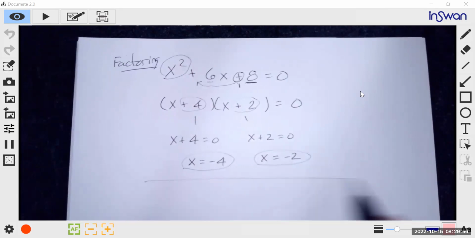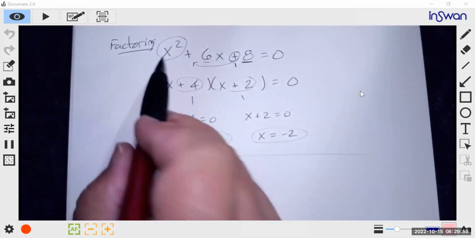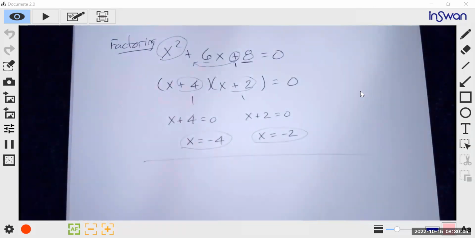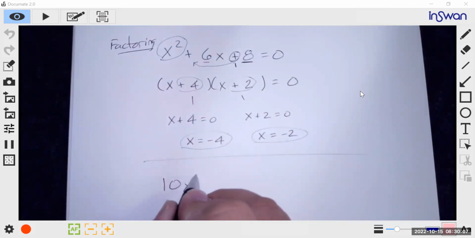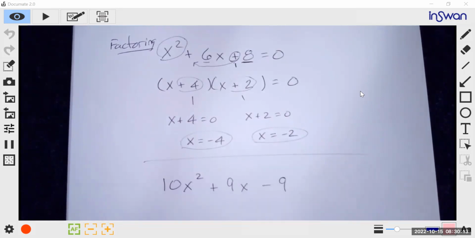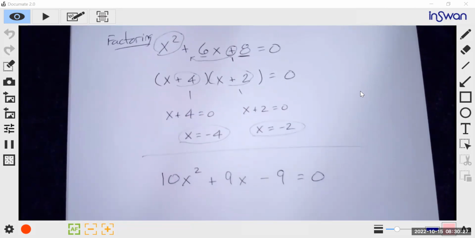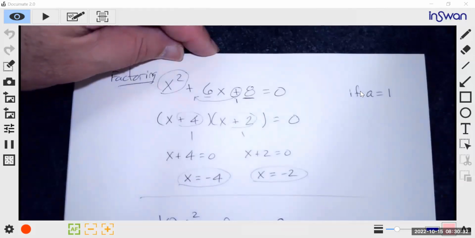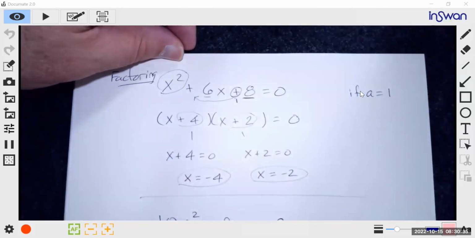Okay, let's try another one, factoring that has a leading coefficient. So far, if its leading term is 1, then it makes it much easier. So let's look at one that doesn't have something that simple. Let's look at this one. If your leading term is 1, try to do it this way.